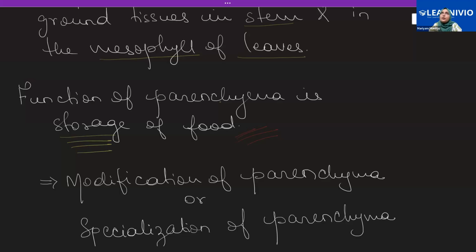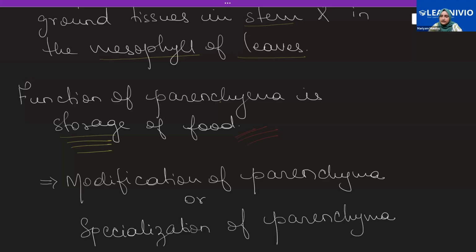So now you tell me, what are the two types of permanent tissues? Simple permanent tissues and complex permanent tissues. And what are the three types of the simple permanent tissue, students? Parenchyma, collenchyma, and sclerenchyma.